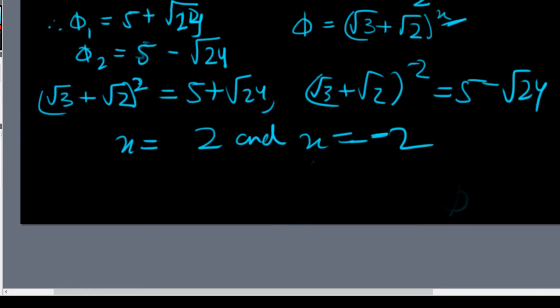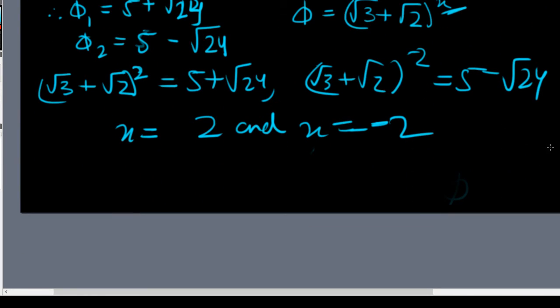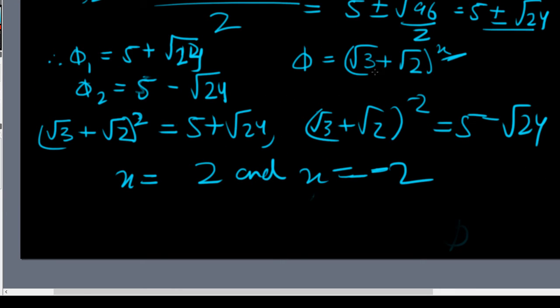I guess that I have done it correctly. Let me just recheck. So I got these two values for phi, and phi was this. So (√3 + √2)² would give me 3 + 2, which is 5 + √24. That is correct. So x will definitely be 2. And for this one, if x is −2, I'll get 1 over this thing, 5 + √24.